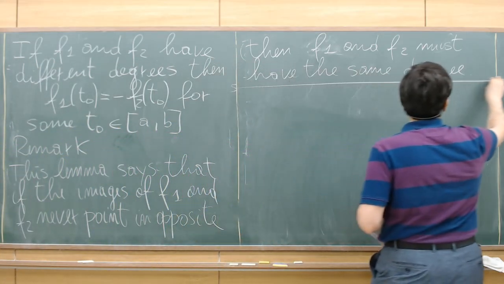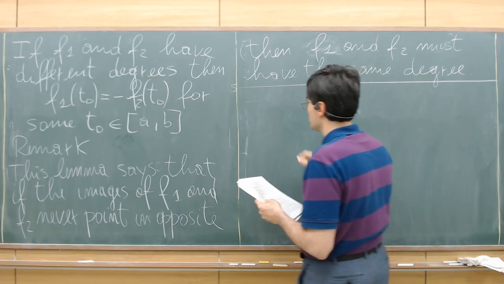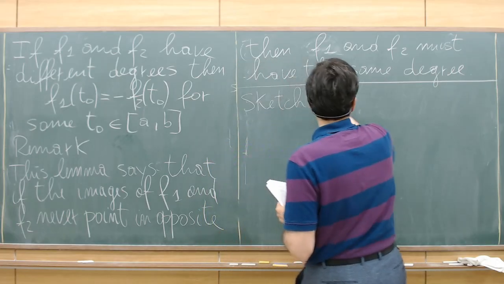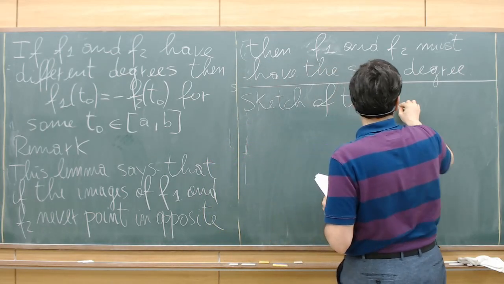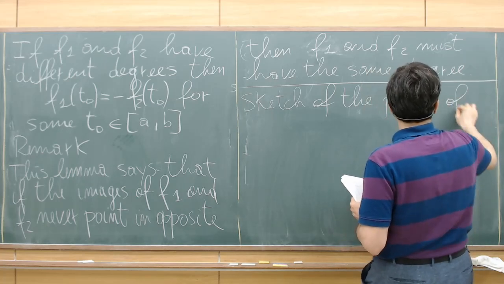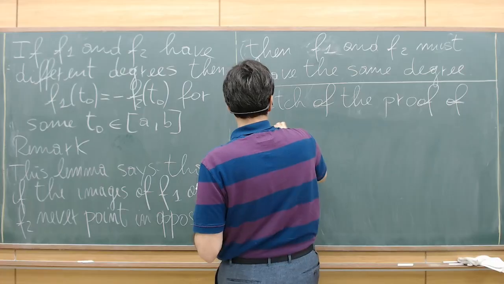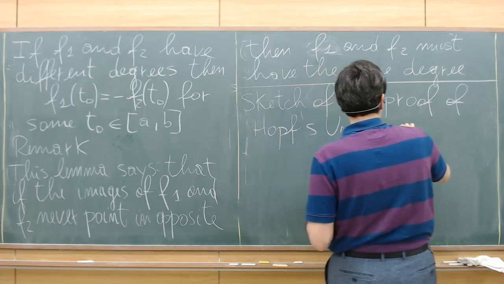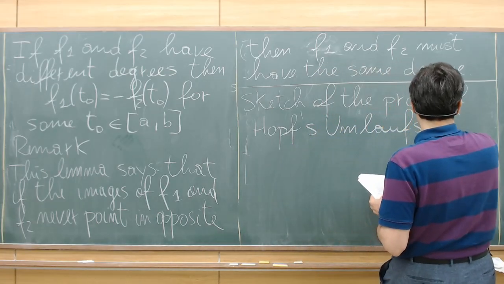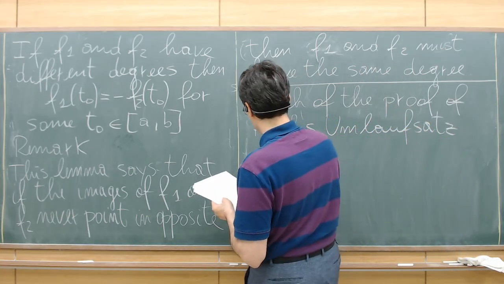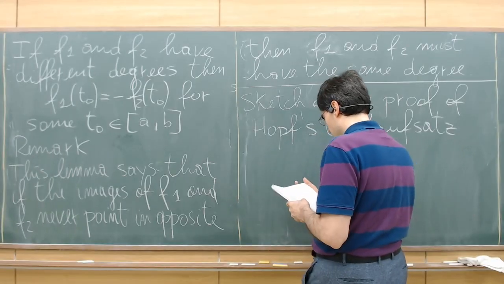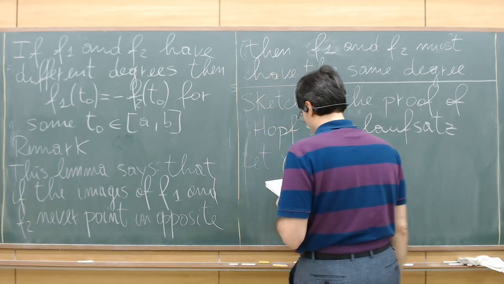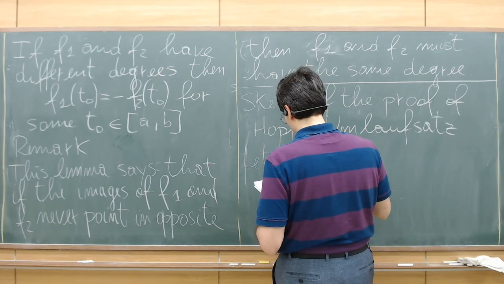Okay, let's try to give a sketch of the proof of Hopf Umlaufsatz. So suppose that gamma is a plane curve which is simple and closed.